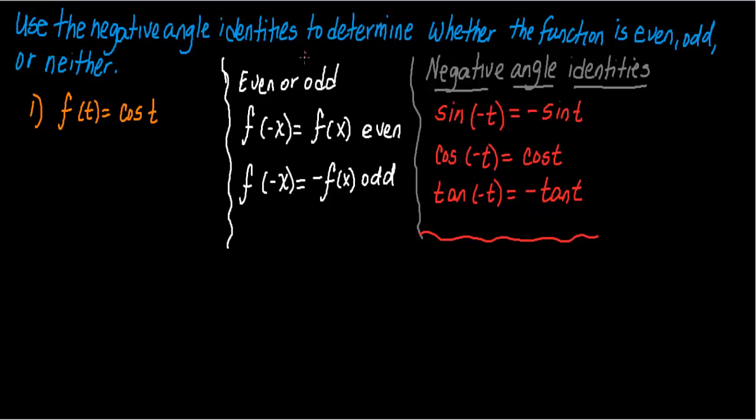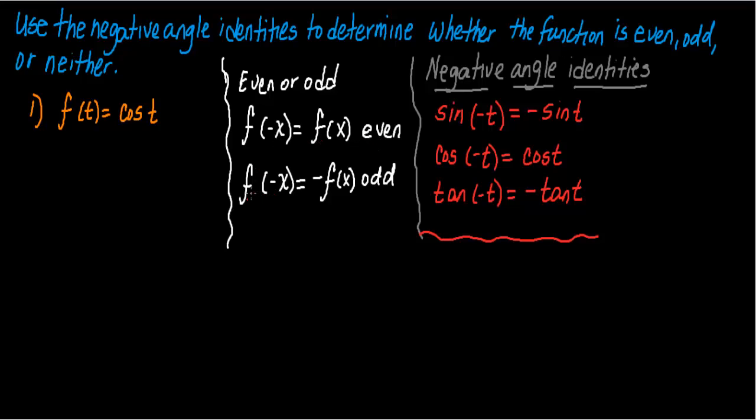And in this exercise, it talks about whether a function is even or odd, and how do we determine that. I've written here that if I take my original function and I evaluate it at the negative x value, and I get back my original function, then that means it's even.